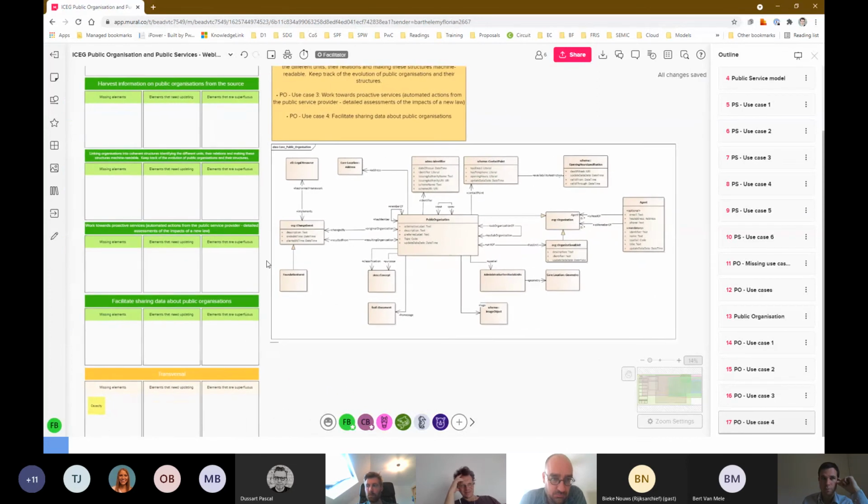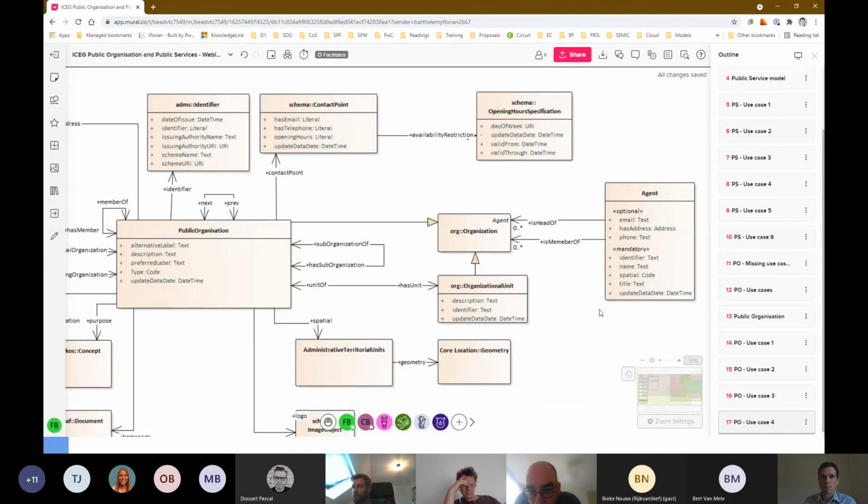Are there specific parts of the model we should discuss further? Besides the capacity part, maybe? Well, I think that's covered within the agent part on the right. But we could discuss it if necessary.